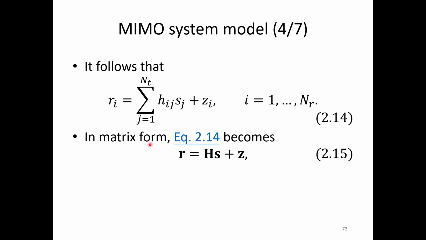So in matrix form, equation 2.14 becomes a very simple form.